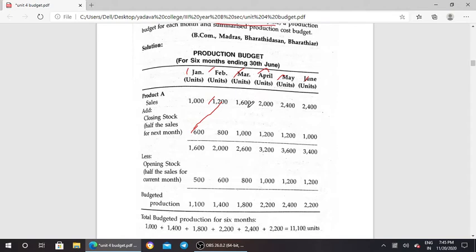Likewise, for March, we have to take half the units as the closing stock for the previous month. So that is the given instruction. So 2,000 half is 1,000. 2,400 they have taken 1,200.